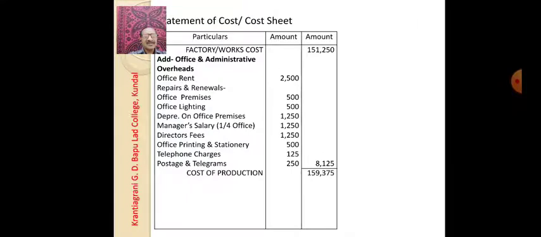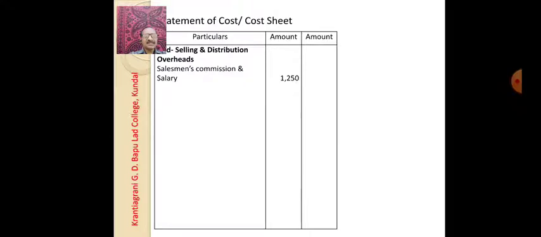Now to the cost of production we add selling and distribution expenses. The selling and distribution expenses are: salesman's commission and salary rupees 1,250. Telephone charges rupees 500. Advertising rupees 1,250. Warehouse charges rupees 500.